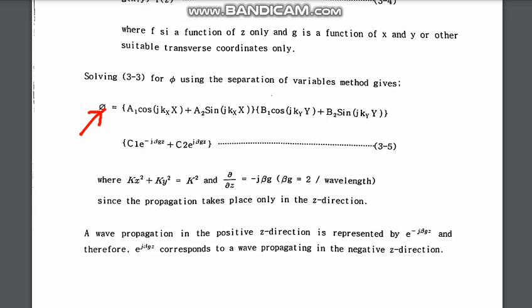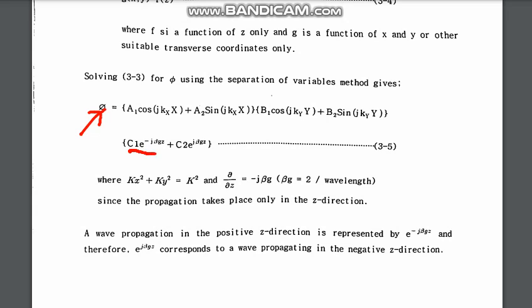The wave propagation in the positive z direction is represented as e to the power minus j beta z, and therefore e to the power j beta z corresponds to the negative direction. After making the solution with separation of variables, we get the equation like that.